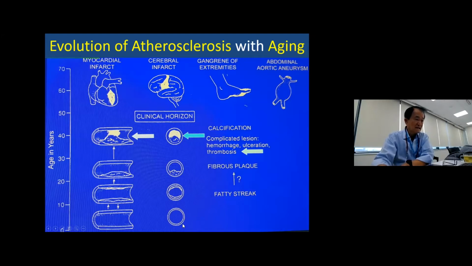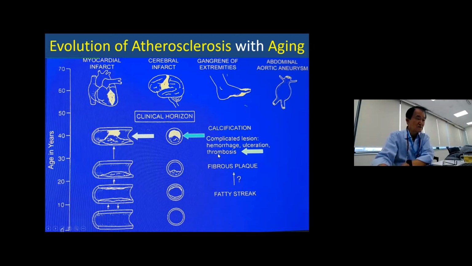But this atherosclerotic process seems to progress very steadily over a long time period, like 20, 30 years, slowly changing. So a certain dietary impact should be considered. The endothelial or intimal wall changes slowly.